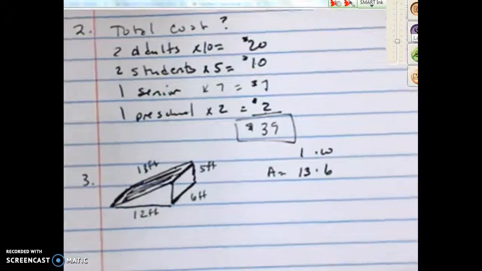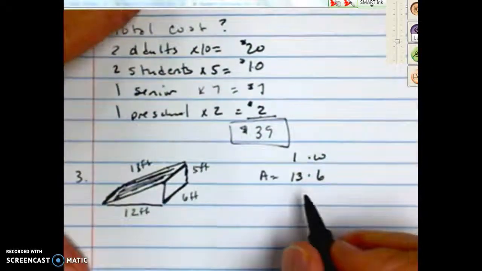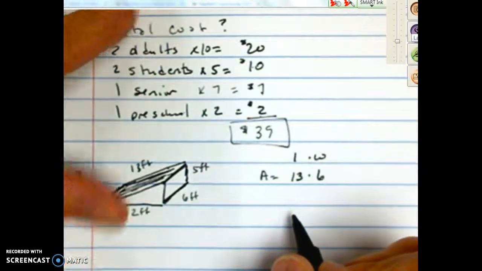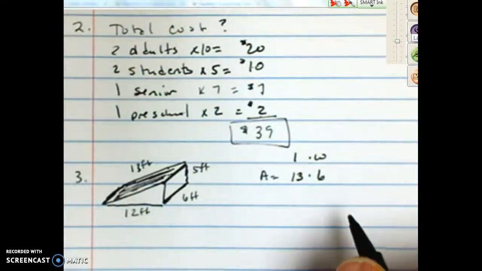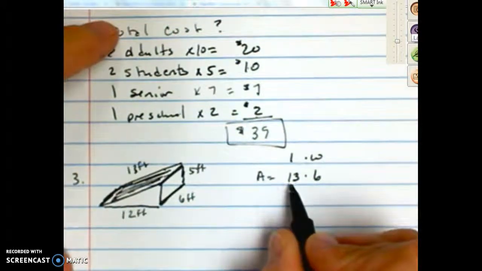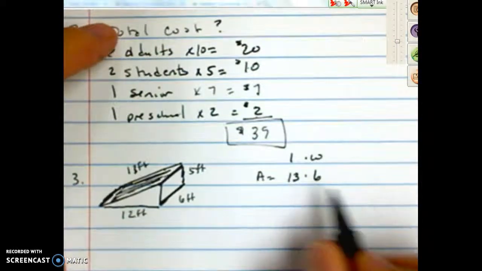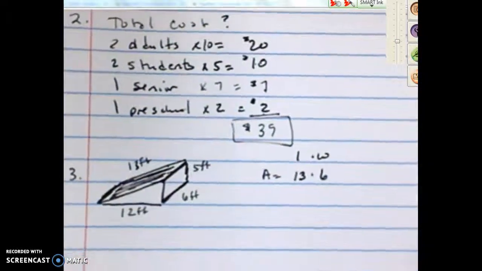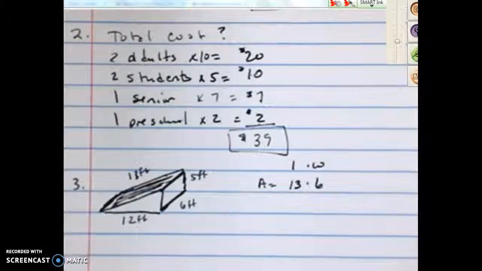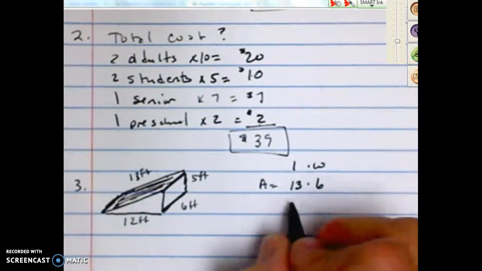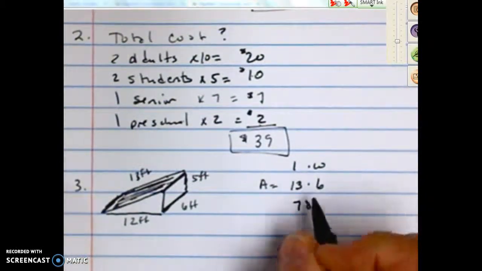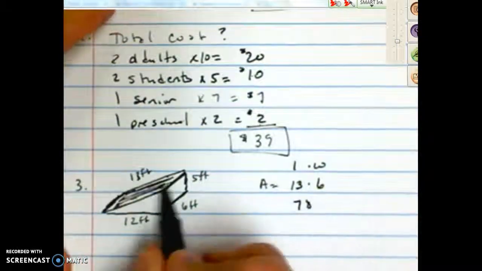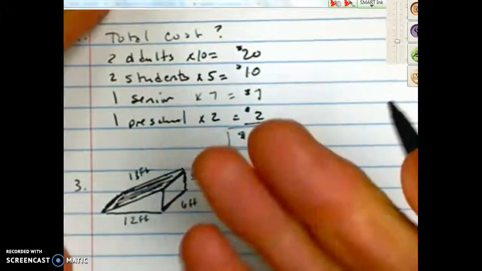So 13 times 6, and of course you can use your calculator on these, but 6 times 10 is 60, plus 18 is equal to 78. So that is the top part of the ramp.